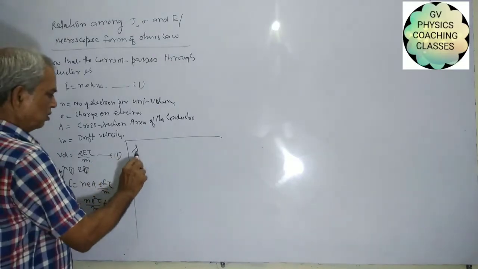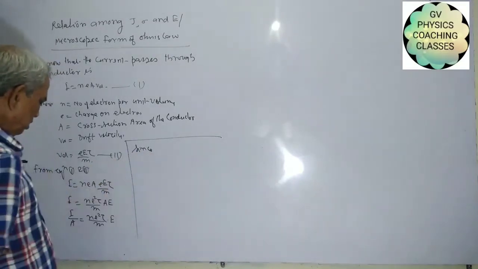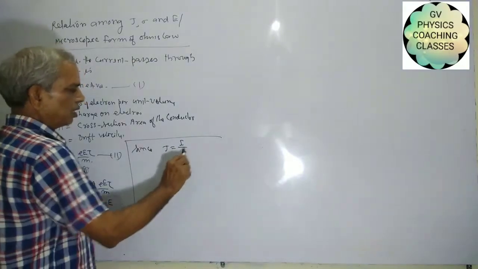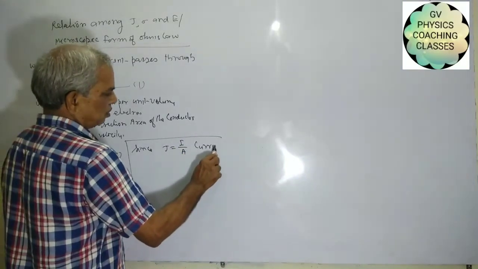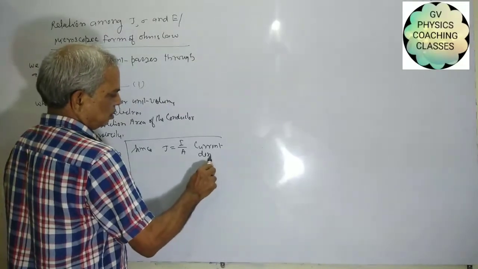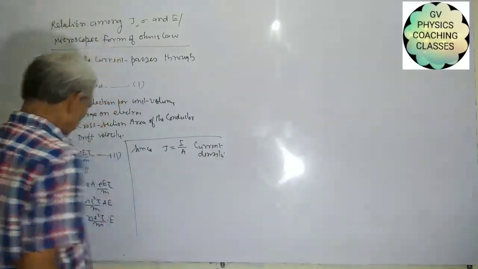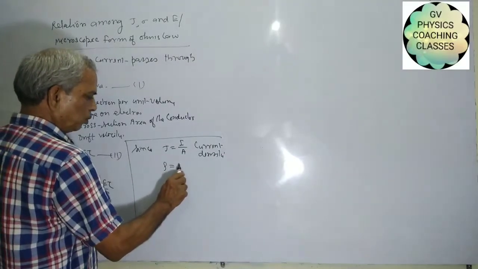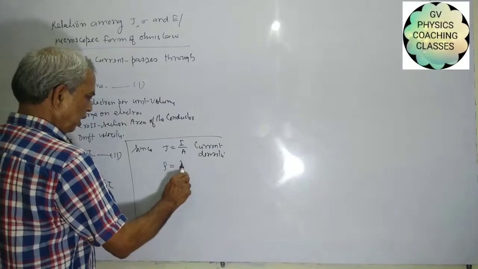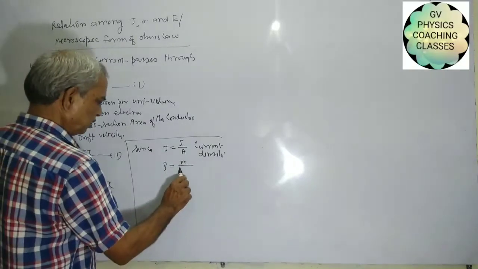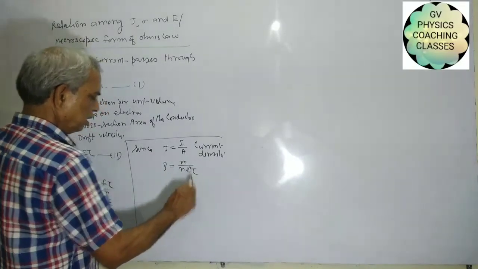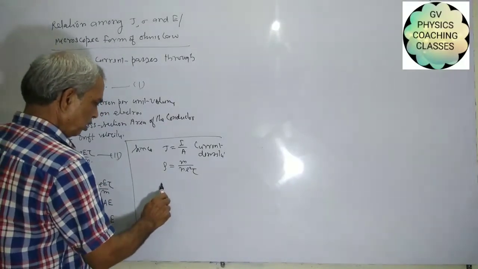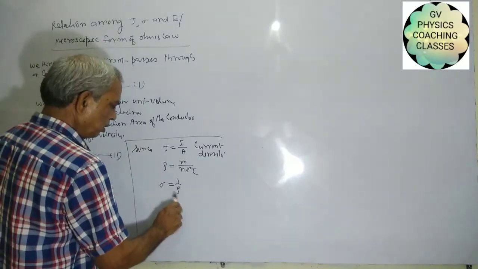Since J equal to I upon A, current density, and rho equal to m upon n e square tau, or sigma is equal to 1 upon rho.